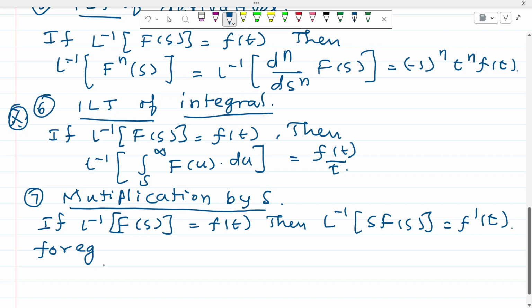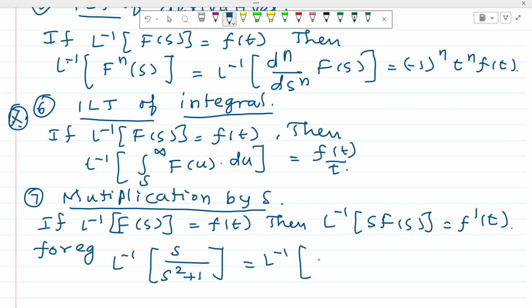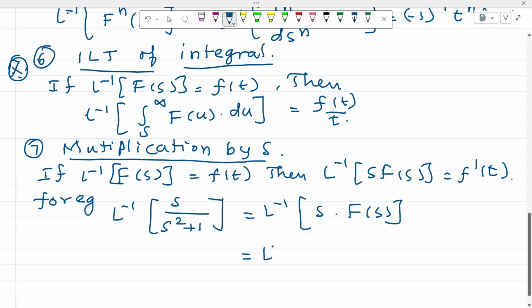For example, if the given problem is L inverse of s by s square plus 1, then it can be written as L inverse of s into F(s). So what is F(s) here?